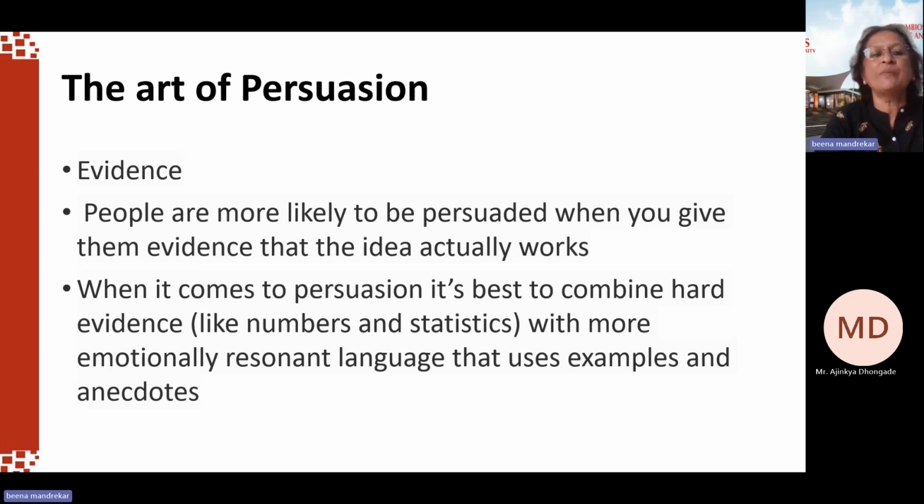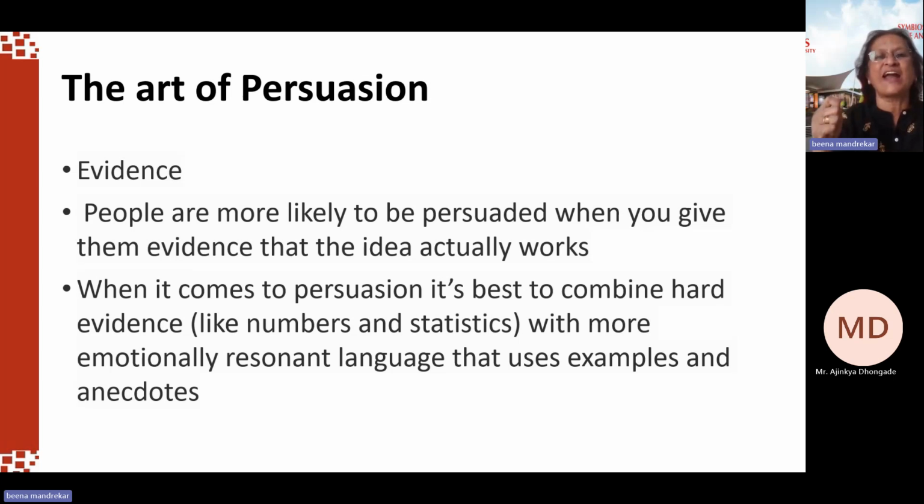People are more likely to be persuaded when you give them evidence that the idea actually works. When it comes to persuasion, it's best to combine evidence like numbers and statistics with emotionally resonant language that uses examples and anecdotes. No one is going to be persuaded just because you're talking, right?